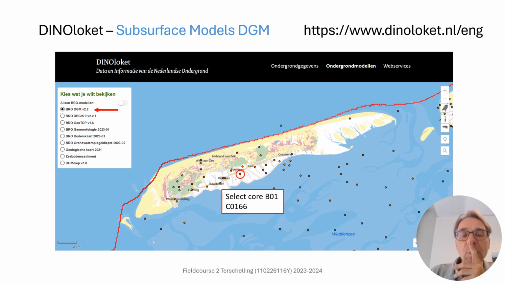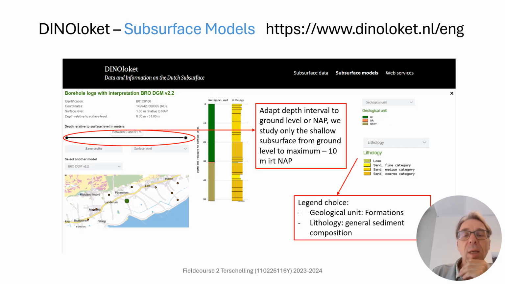Okay, so we select one core, this is B01C0166 of the BRO DGM1, and then we have a large core. It's about 60 meters, and you can adapt the depth interval to, like, the current level of NAP. We study only the shallow subsurface, from ground level to a maximum of 9 tenths meter NAP.